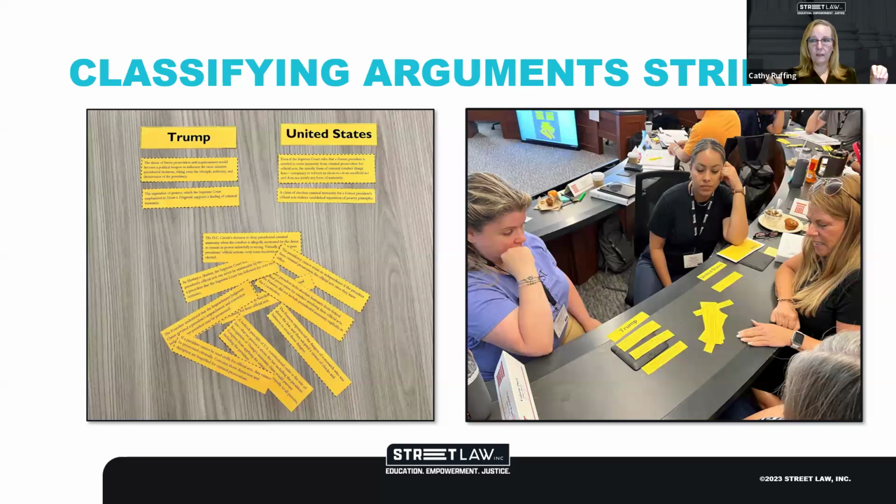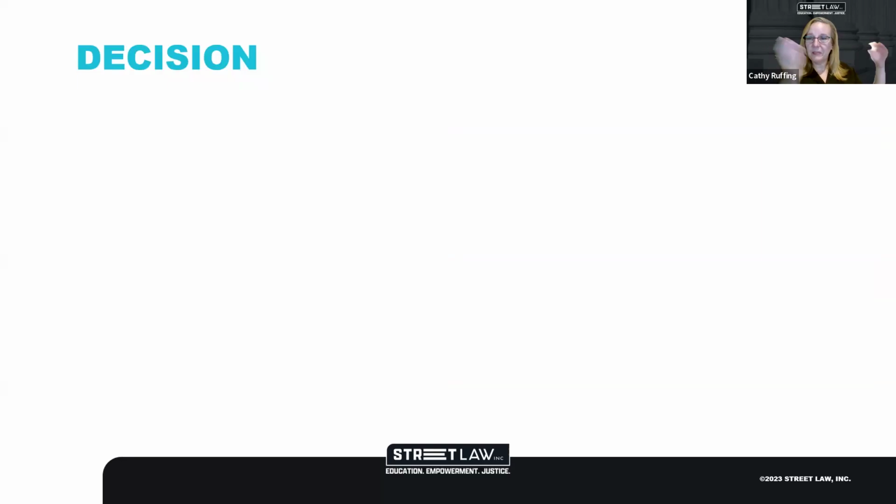You also heard them talk about the founders and their views. You can also have students look at it in that way. And if you did want to have them take it to the next step and write an opinion based on who they think should win, they'd already have those points sorted out and in order that they think are most compelling. Okay, so that was my little teaching tip moment.